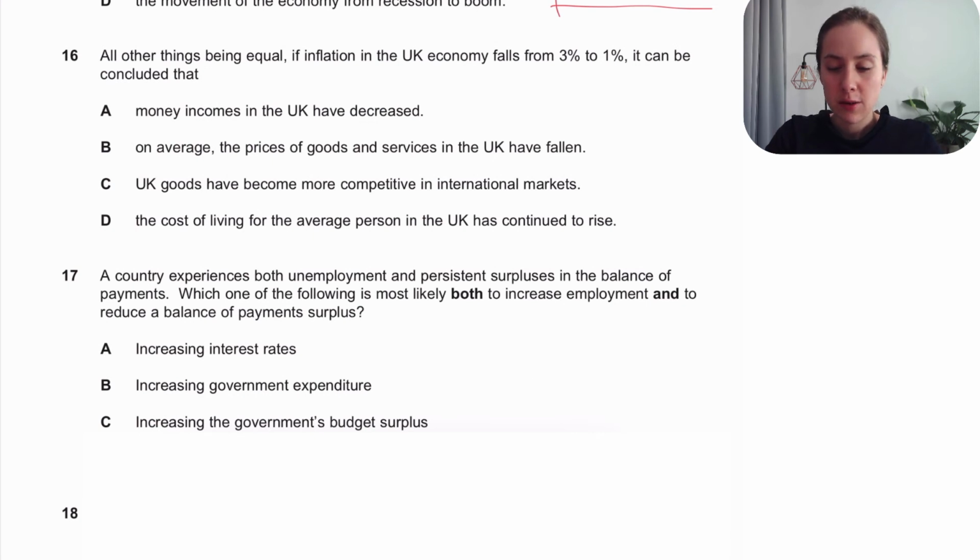If inflation in the UK economy fell, it can be concluded that there's been disinflation. So I'm looking for something related to that. Fingers crossed. Money incomes in the UK has decreased. No, it's all about prices, not necessarily incomes. Prices of the goods or services in the UK have fallen. They have not fallen. They've increased by 1%.